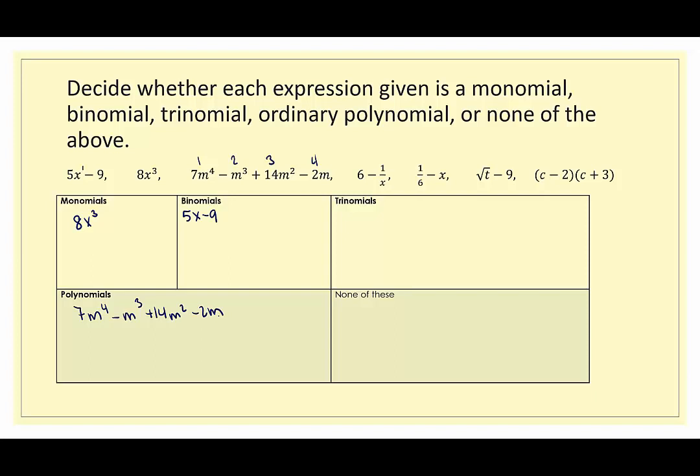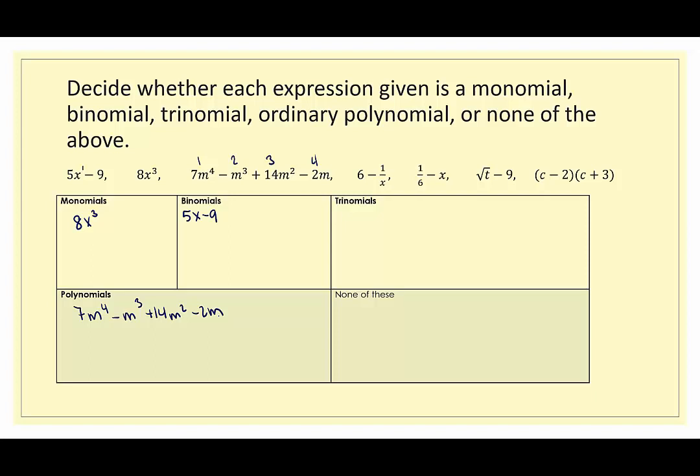All right, next up we have 6 minus 1 over x. So we're looking at this. I see the x, I don't see an exponent, so it has an invisible 1. However, because x is in the denominator, it actually has more than just an invisible 1.